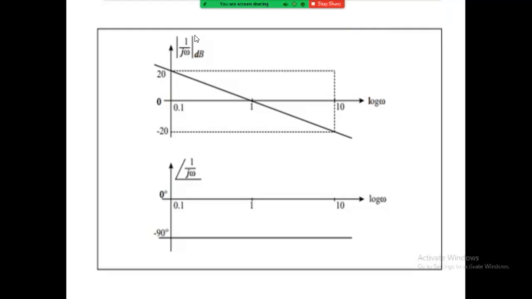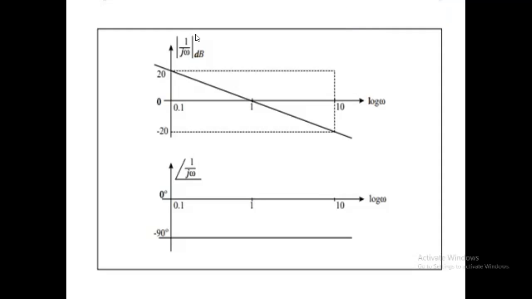By using an analysis similar to that performed for a real pole, we can conclude that for small frequency the asymptote for the magnitude is equal to 0, and for large frequency the magnitude asymptote has a slope of 20 dB per decade and intersects the real axis at omega equal to z, that is the corner frequency.